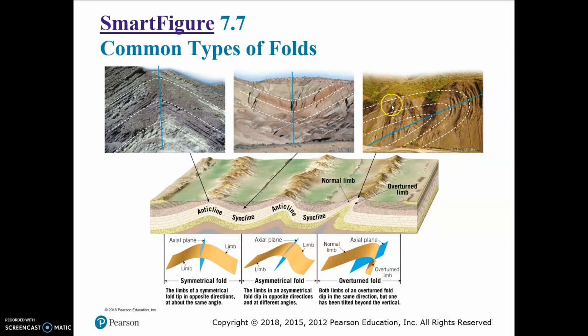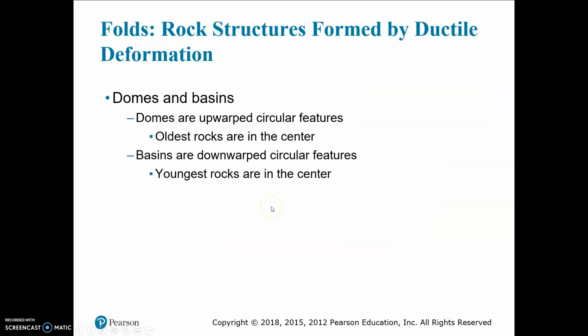We kind of have a little bit of a normal limb here, but as we go all the way across over here, this is an example of an asymmetrical or an overturned fold. So these are a little bit harder to pick out. The symmetrical folds are a little bit easier to see when you're looking at different pictures. Once we get to asymmetrical or overturned, they're a little bit harder.